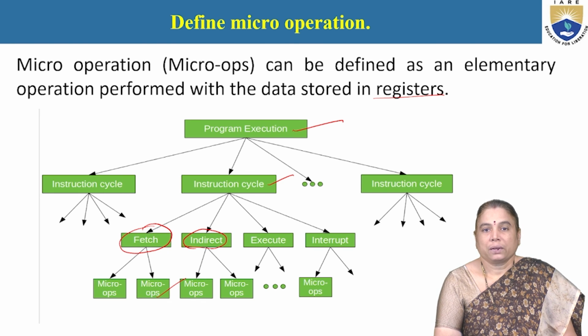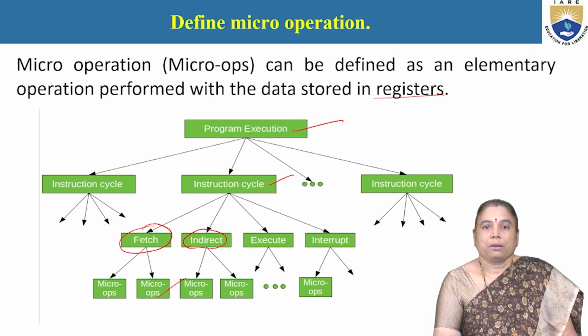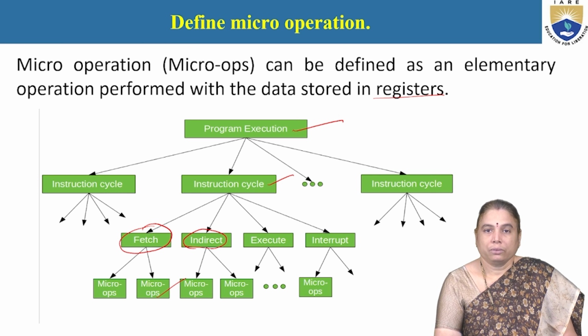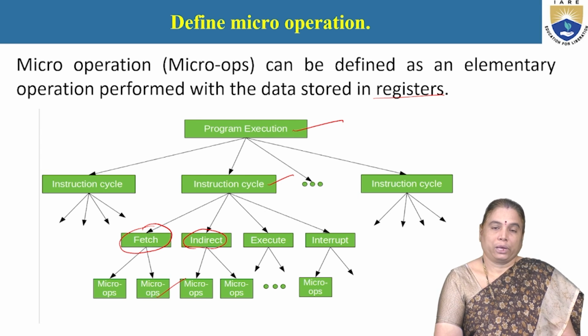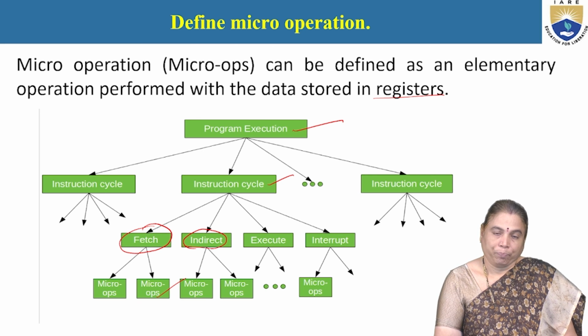Arithmetic micro operations generally add processing capability to the computer. Logical and bit manipulation instructions are generally used to provide decision making capability to the computer, and shift operations are used for serial transmission of data.